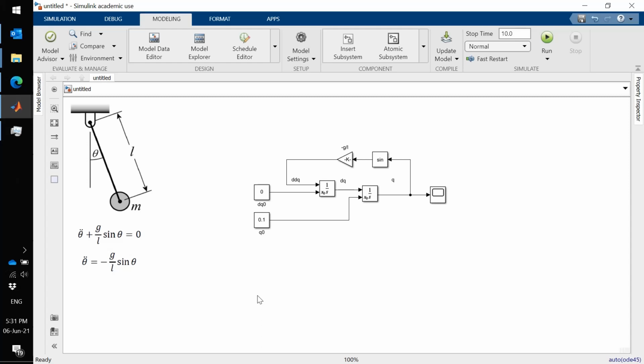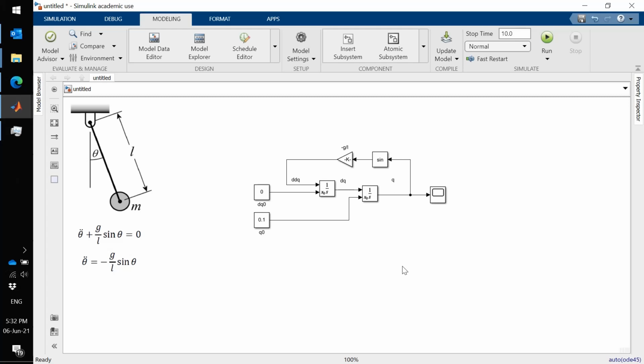That would be approximately 2 seconds. Now, the advantage of building the model in this way is I can model nonlinear equations that involve nonlinear functions such as trigonometric functions, whereas if we use a transfer function approach, we are stuck with only linear systems.